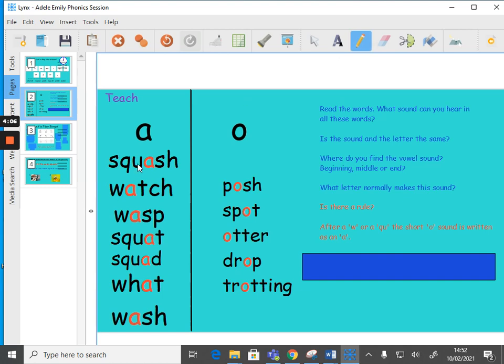I am going to circle the qu. I'm going to circle the w. I'm going to circle another w. While I'm doing this, I would like you to have a think if you can spot the spelling rule.